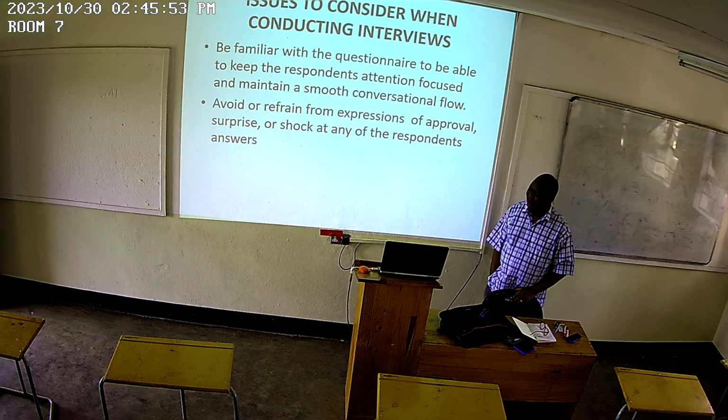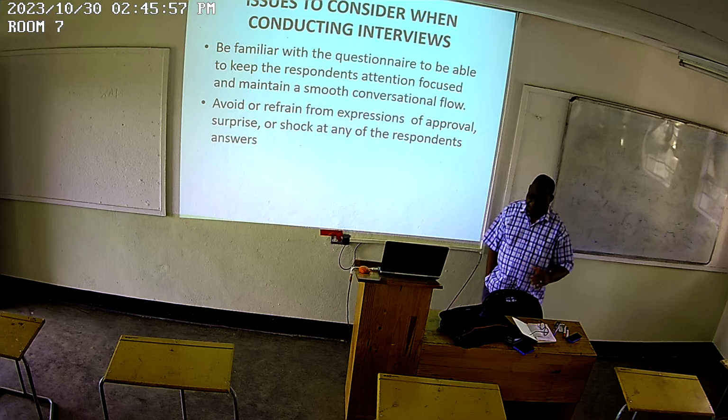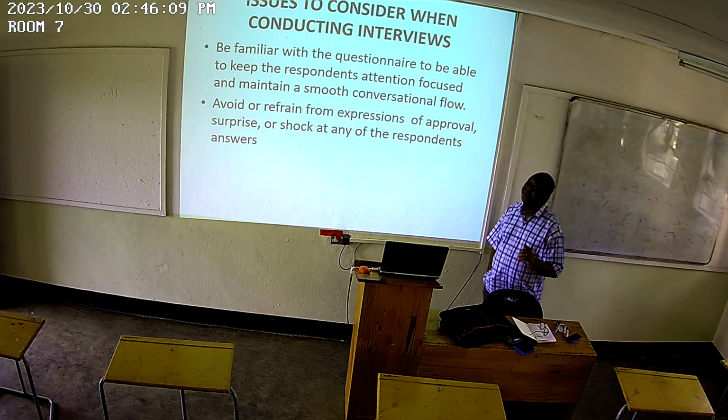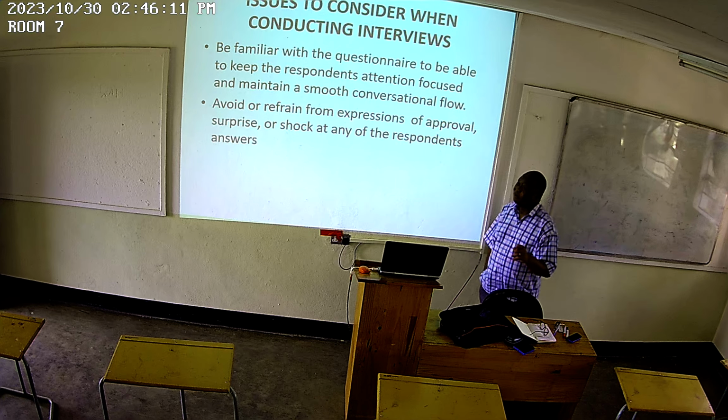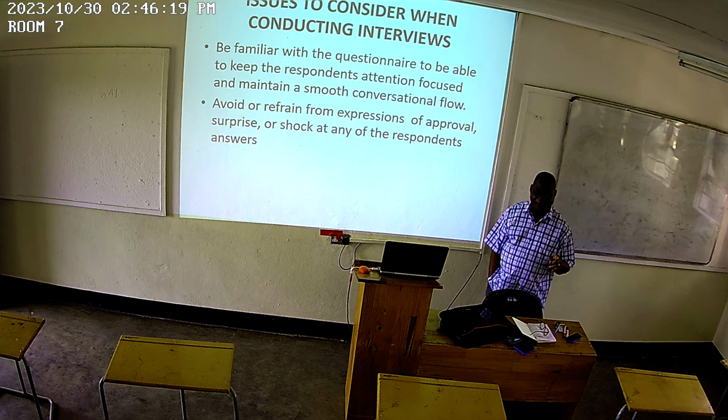And when you are getting responses from the respondent, make sure that your emotions are controlled. Because your emotions can actually influence the information that the respondent gives you. If you ask the respondent, have you ever had sex?